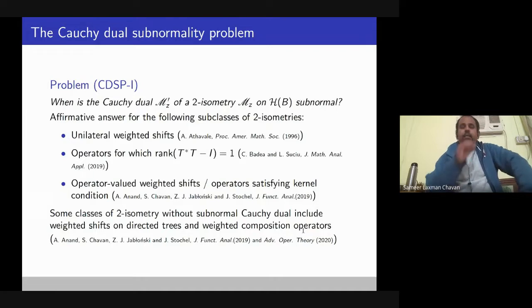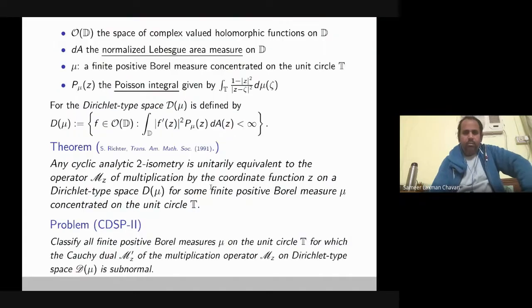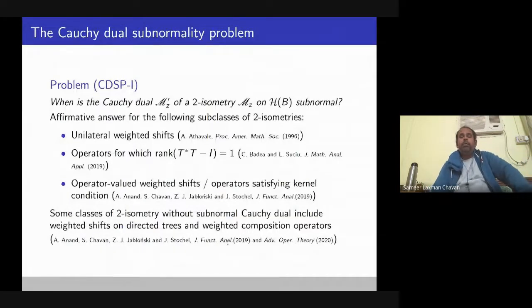But still, this is not the end of the story. In all these examples, the rank of T*T minus I is infinite. So the rank 1 case is affirmative, and for infinite rank there are counterexamples.